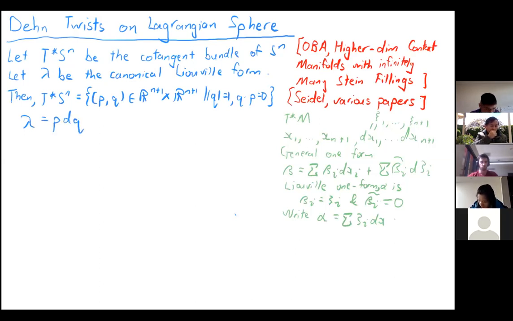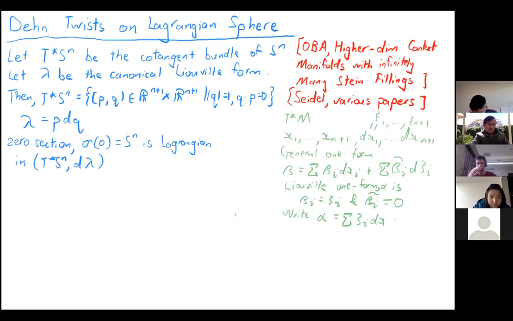And then also from last time, we also look at the zero section. Maybe write down zero section. Say psi is the section map, the global section. And this is then Lagrangian in our cotangent bundle.